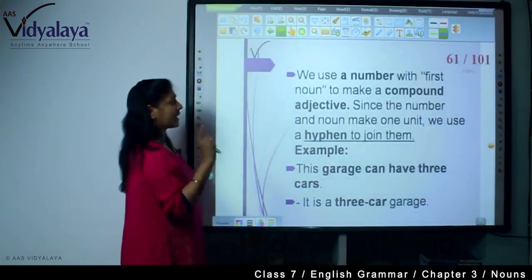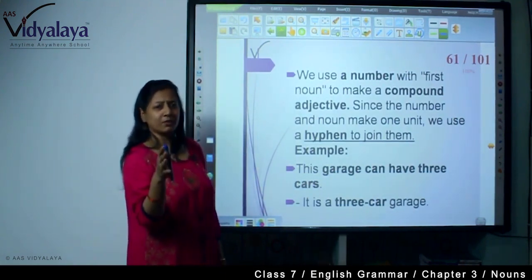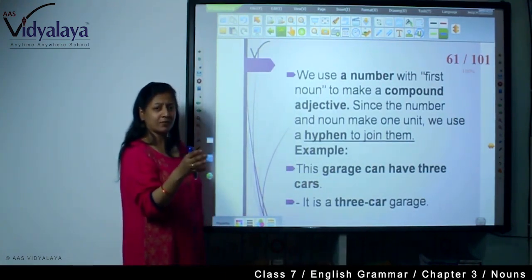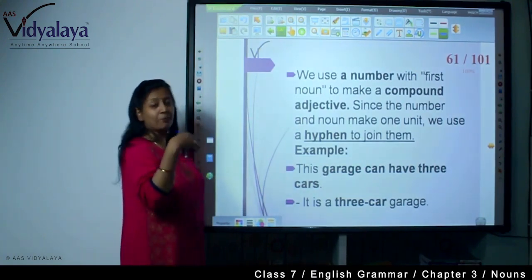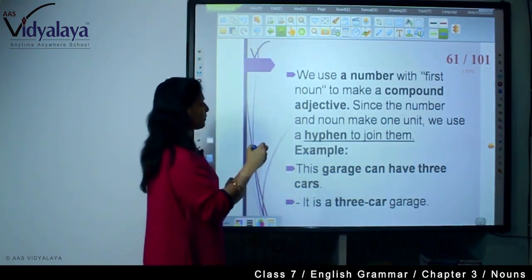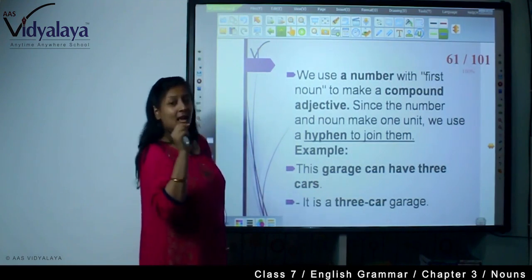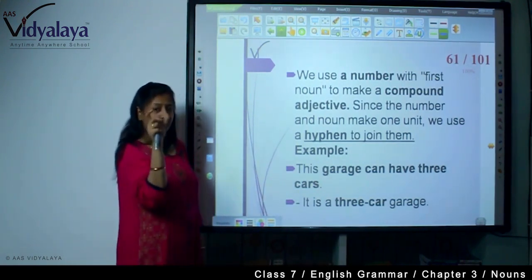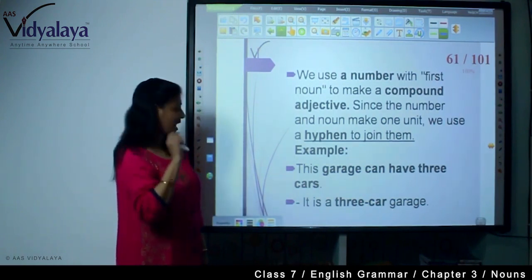Second, we can use a number with the first noun. We can use a number: 2 apple tree, 5 apple tree, 5 apple trees, but in apples we cannot write. Since the number and noun make one unit, we use a hyphen to join this. Always remember, if they make one unit, then we have to use a hyphen.